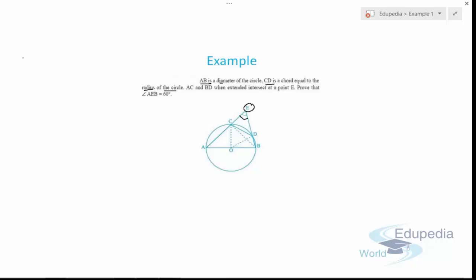So first of all we need to write the given. It's given that CD is a chord which is equal to the radius of the circle, right? Then we need to do some construction.